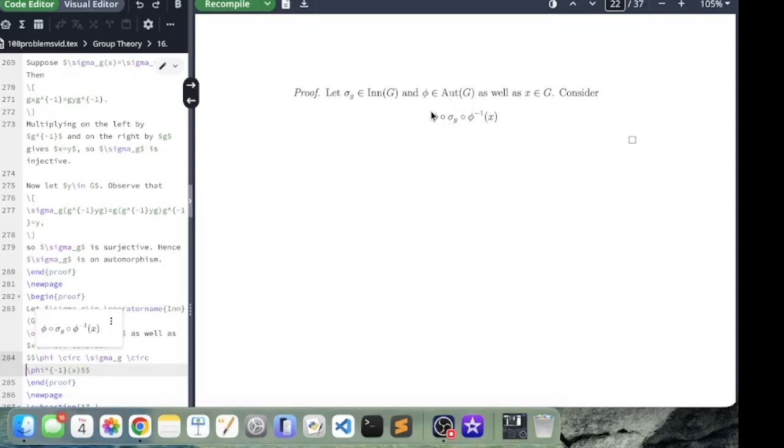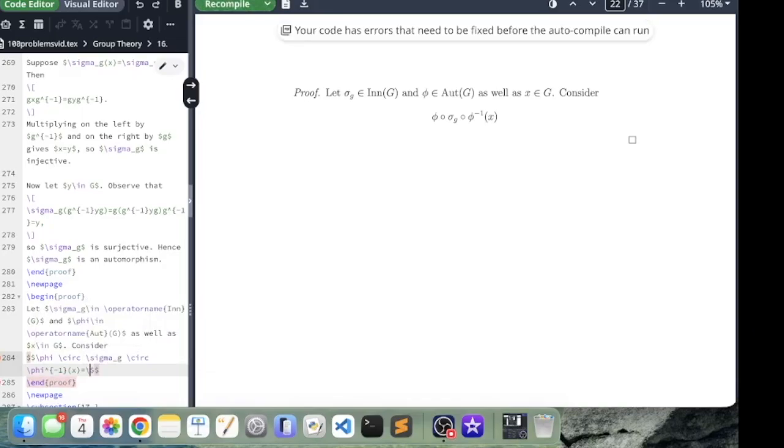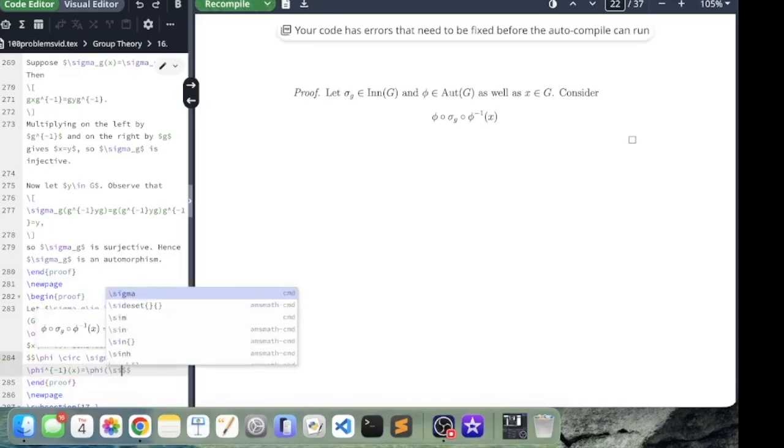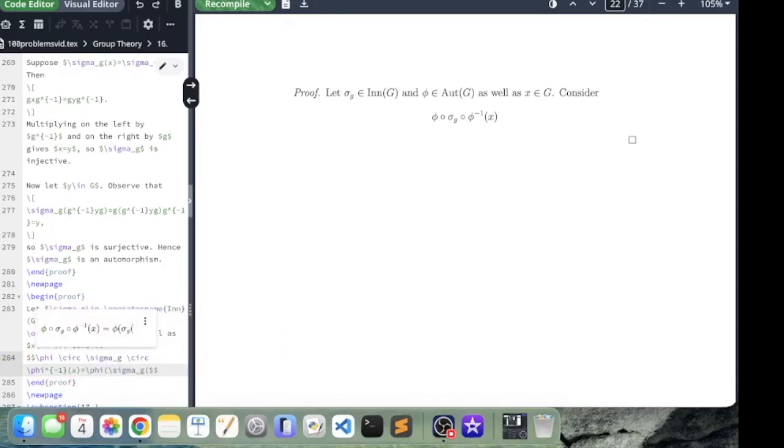That if we conjugate by something in the automorphisms of G, we end up with something still in the inner automorphisms. And we know that this is equal to phi of sigma sub g of phi inverse of x, and we close our three parentheses.